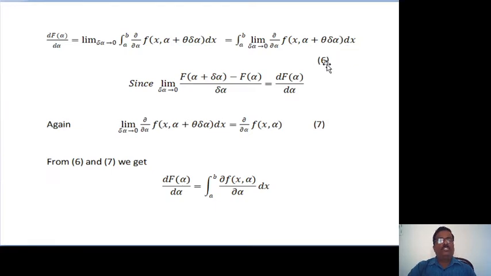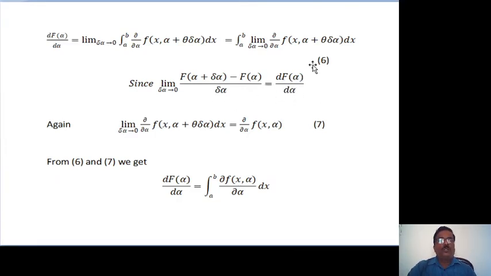Now this is equation 6. Again, we have the first principle of differentiation: limit as delta alpha tends to 0 of F of alpha plus delta alpha minus F of alpha by delta alpha is equal to dF of alpha by d alpha.